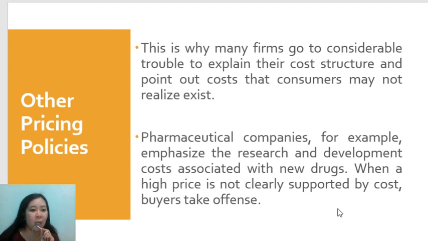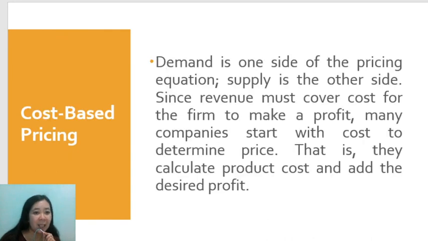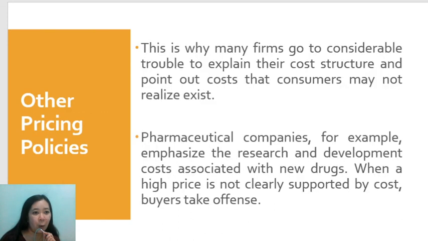That's why the main pricing policies and costing are the first two that we've mentioned: cost-based pricing and target pricing and costing. So that is for the first part of our module.